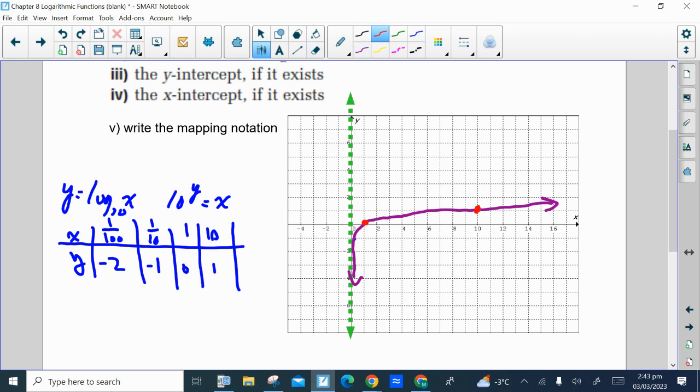Okay, so you don't have to do that other step if you don't want to, of taking the inverse of the exponential function that we have written there, graphing that, or using a table of values for that to get the table of values for the new one. You could do it the way we just did it. Saves a bit of time.